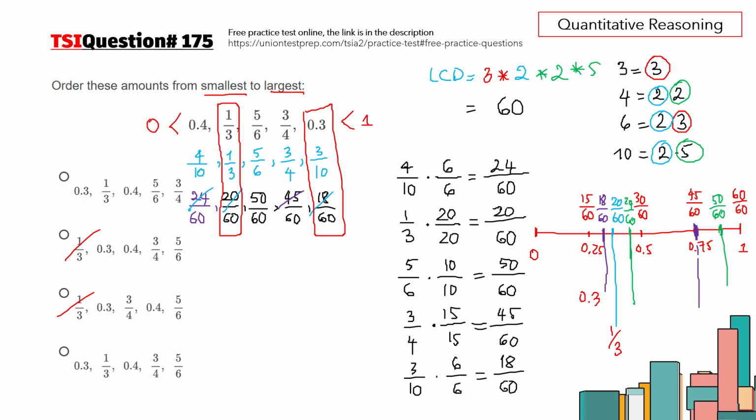The next one is 24 out of 60, that is 0.4. The next one is 3/4, which is 45 out of 60. And then the last one is 5/6. So the largest number is 5/6, and the correct answer is the last one.